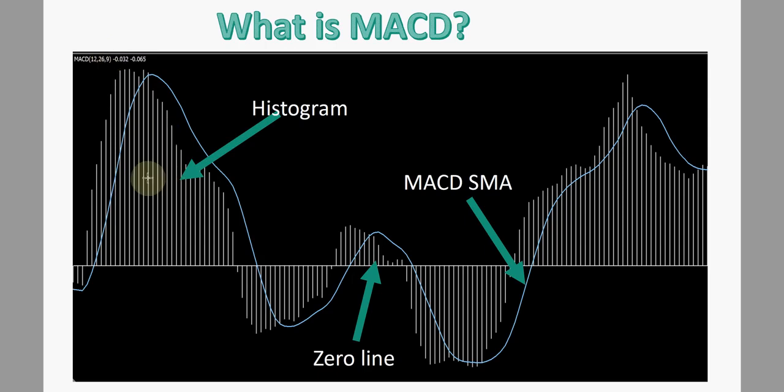This is the histogram. It's actually the difference between the fast and the slow EMA, and this is the zero line. This line here is the MACD SMA line, which we have signified here as 9. Okay, but we are not going to use these standard settings. We are using our own custom settings.